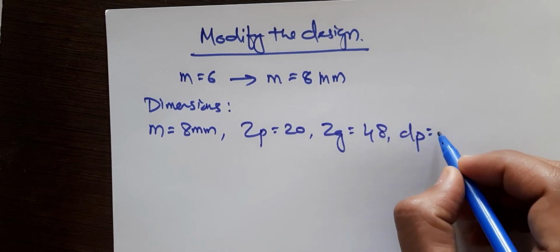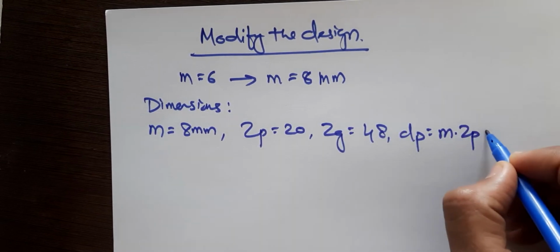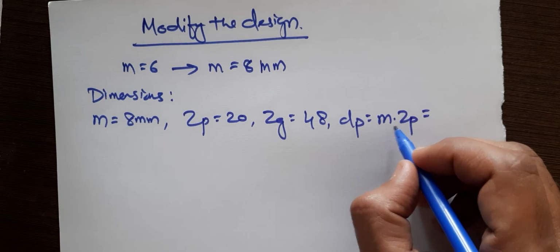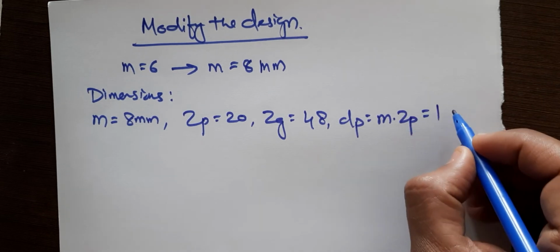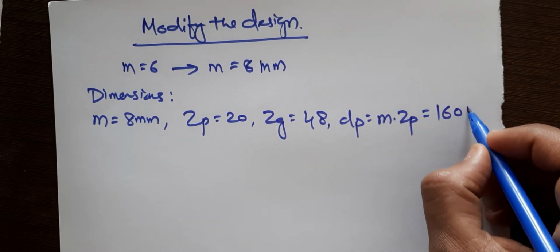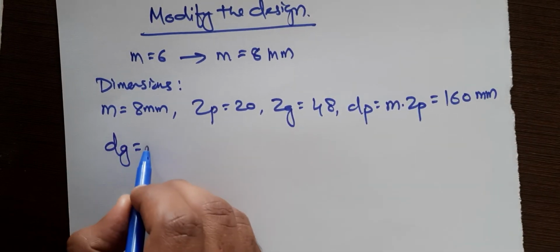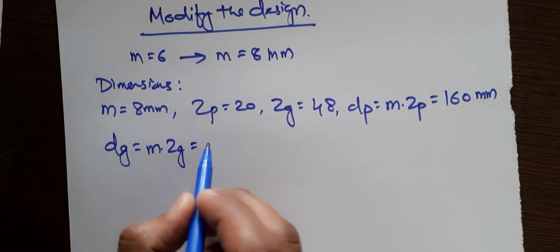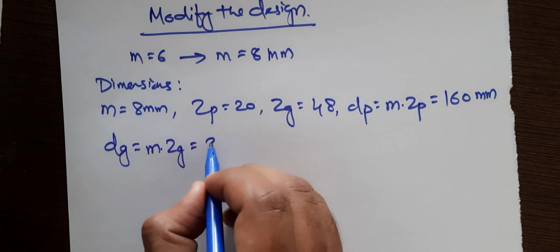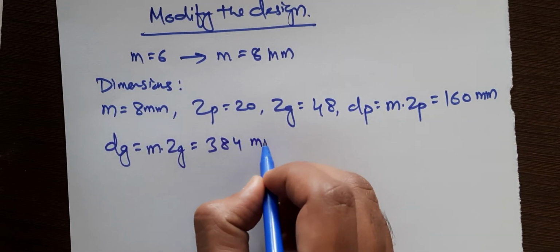Then DP is M into ZP. If you put M as 8 and ZP as 20, you will get DP as 160 mm. Then DG is equal to M into ZG, so again here 384 mm.